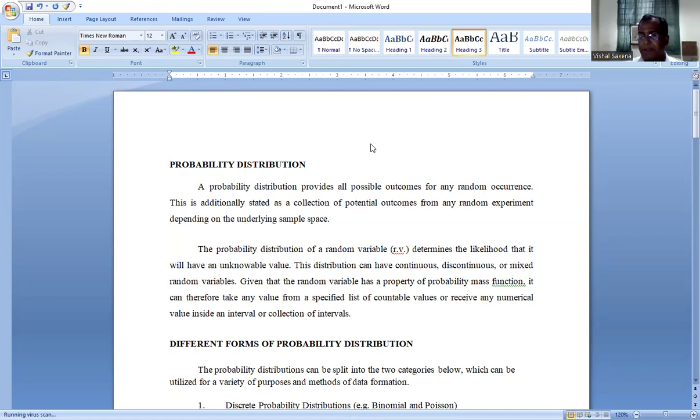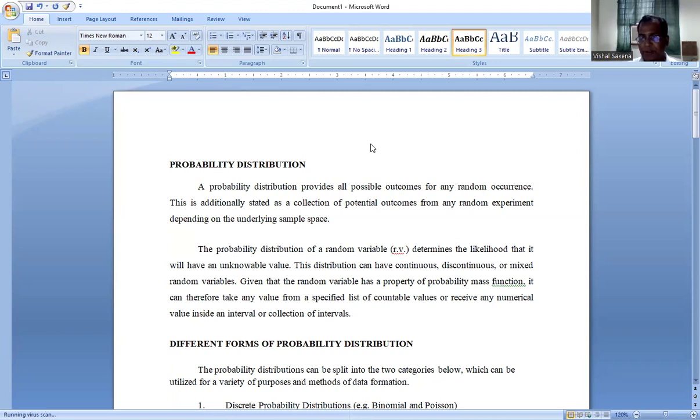It provides all the possible outcomes for any random occurrence, that is, the probability of all the possible values of a random variable. Then it is called a probability distribution.